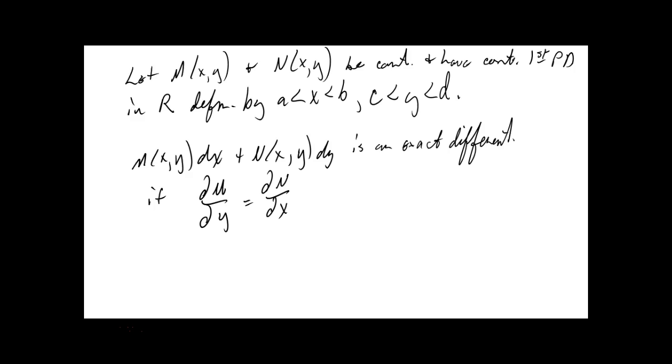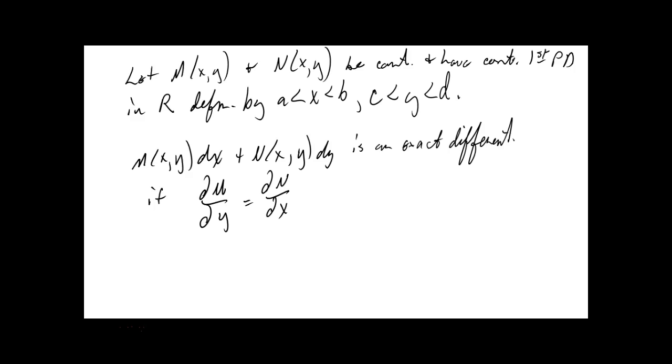So basically we're just trying to get them equal to each other. Like we did last problem, we take the partial of the first with respect to y, the second with respect to x.